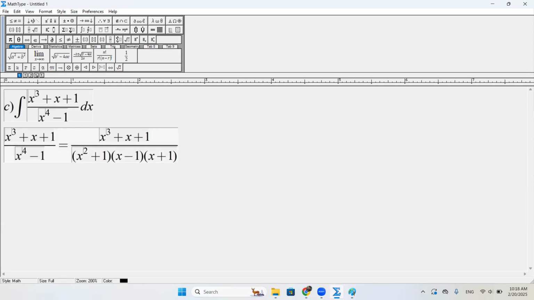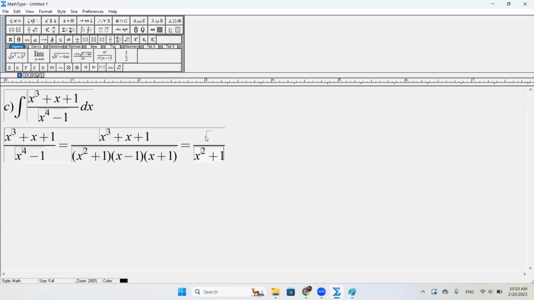Here we see that we cannot expand it anymore, since x squared plus 1 equals 0 does not have real roots.